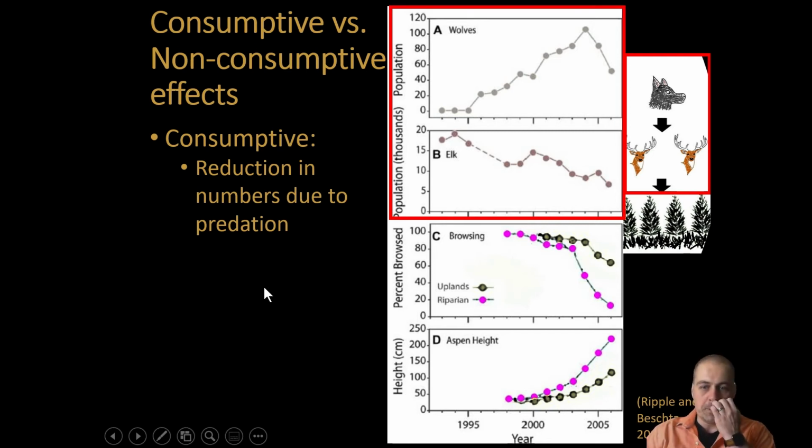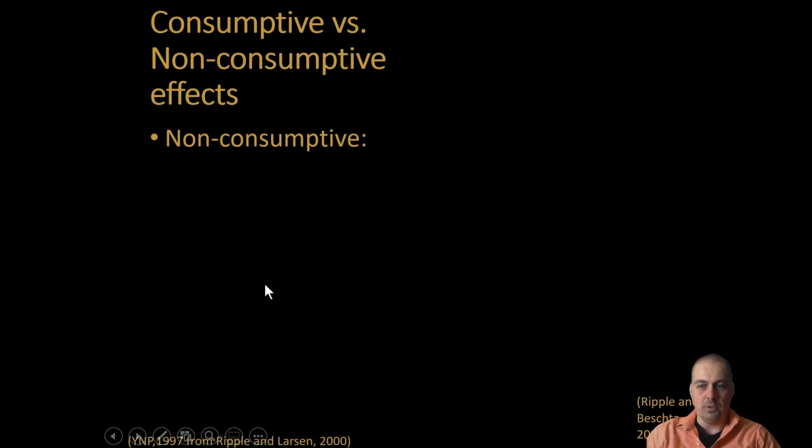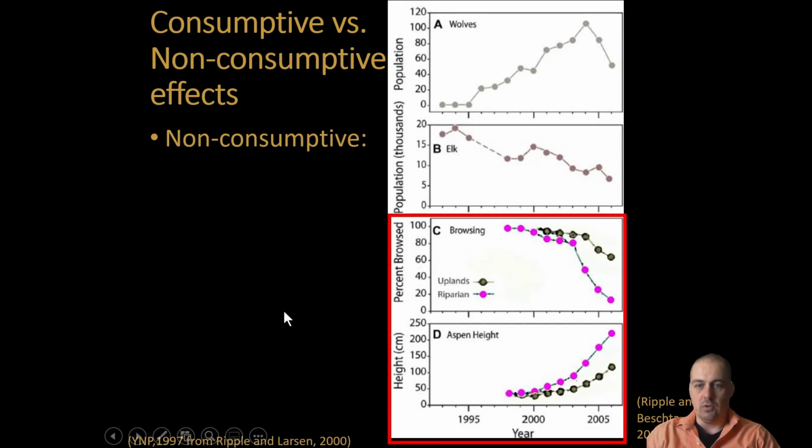Of course, it's never that simple, and this is where non-consumptive effects come in, and one of the videos did mention this. So same figure, we're going to focus on the bottom 2 graphs this time. They're looking at the percent of aspen browsed or eaten and the aspen height.